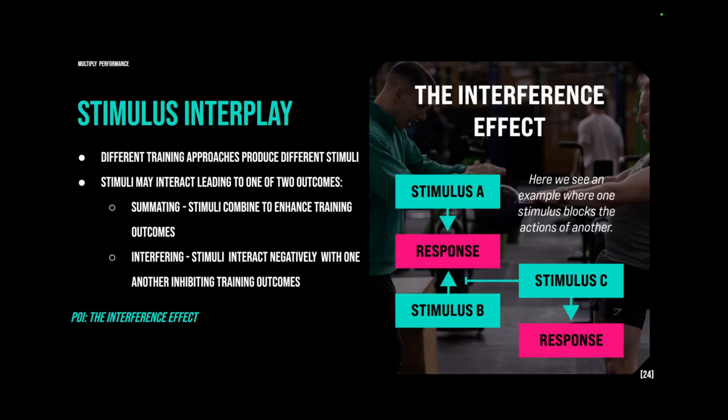Something to consider. The other type of interaction that you could see is this idea of there being an interfering interaction where one stimulus might interact negatively with another, inhibiting the outcomes of that secondary stimulus. So this kind of links into the interference effects and the idea that maybe cardio might kill our gains. Something that recently we've started to think is less and less important and less relevant, particularly with lower level athletes.